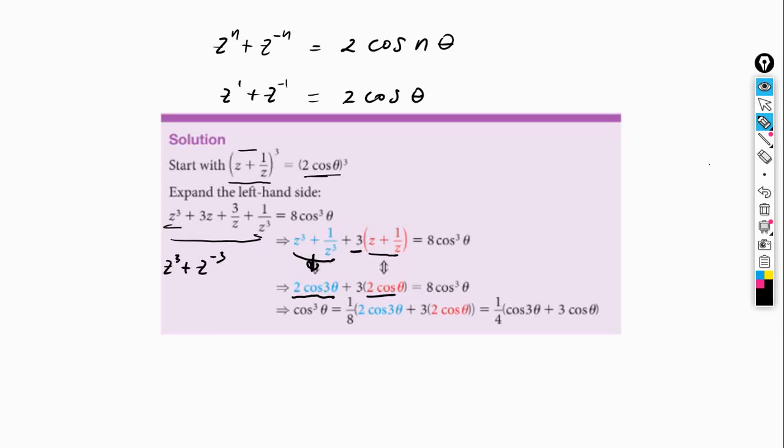And because we also expanded the right-hand side, where we got 8 times cosine cubed of theta, we need to solve for cosine cubed of theta, but that's simple. Simply multiply both sides by 1/8. That's where we get cosine cubed of theta equal to 1/8 times this other expression, and we end up with 1/4 times cosine of 3 theta plus 3 cosine of theta.